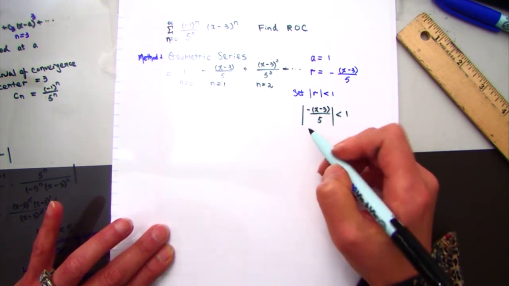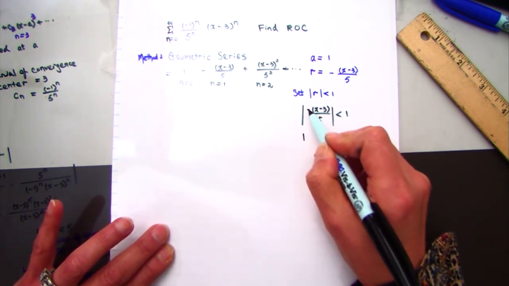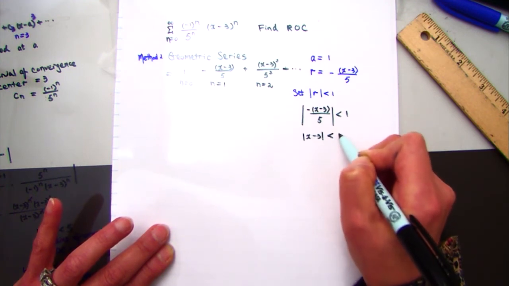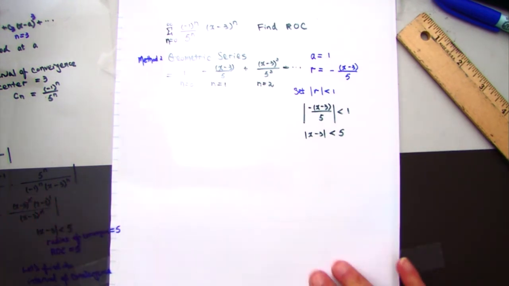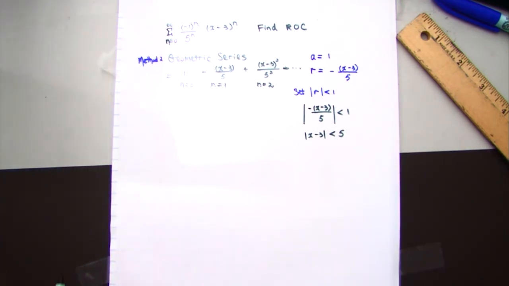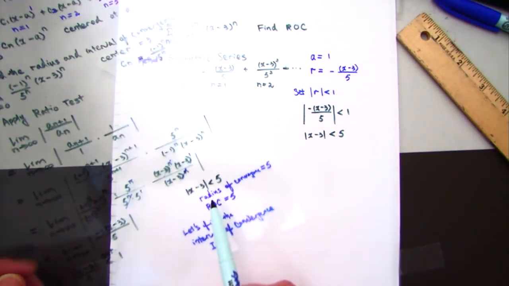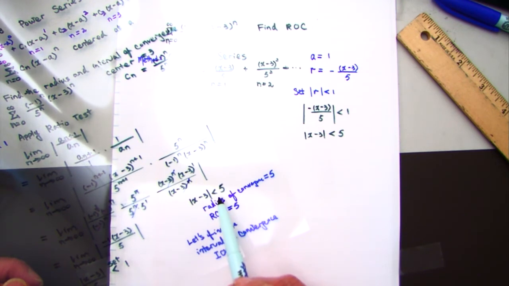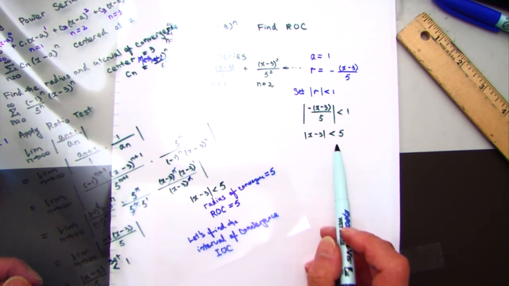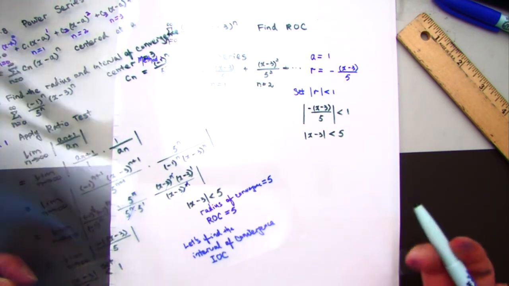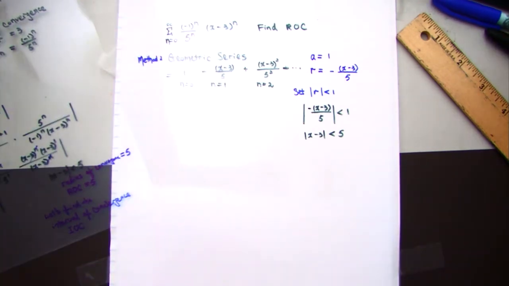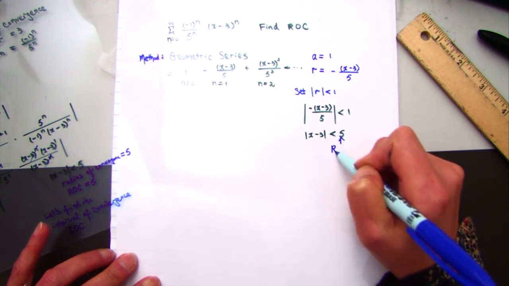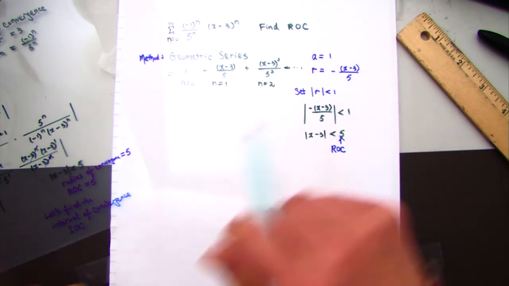We solve absolute value equation. You can take out the negative sign and you're going to multiply 5. Okay, and did you notice we arrived at the same place? We had the same result when we did ratio test. This faster, huh? Yeah. So you would have gone, then we will go through the same drill, okay? And this is the radius of convergence.